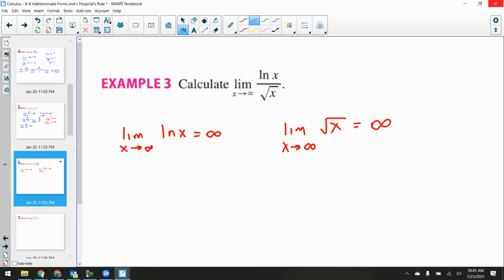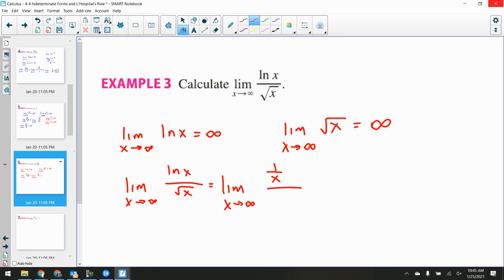So I see that this again is an indeterminate form, infinity over infinity. So let's use L'Hopital's rule here. Limit as x goes to infinity of ln of x over the square root of x. Now we differentiate top and bottom: 1 over x.